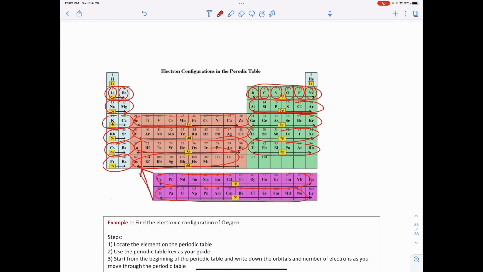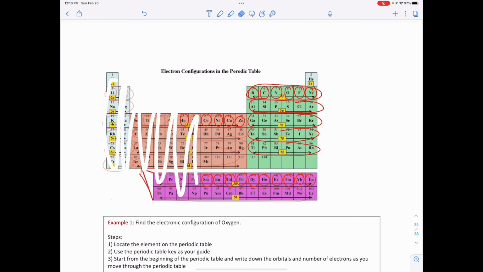So let's just make sure. 1, 2, 3, 4, 5, 6, 7, 8, 9, 10. In the f's, I have 1, 2, 3, 4, 5, 6, 7, 8, 9, 10, 11, 12, 13, 14. So it looks like the number of electrons per orbital matches up to the periodic table. So let's look at an example here.